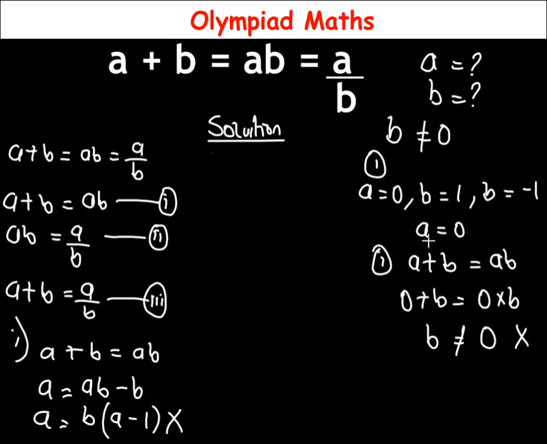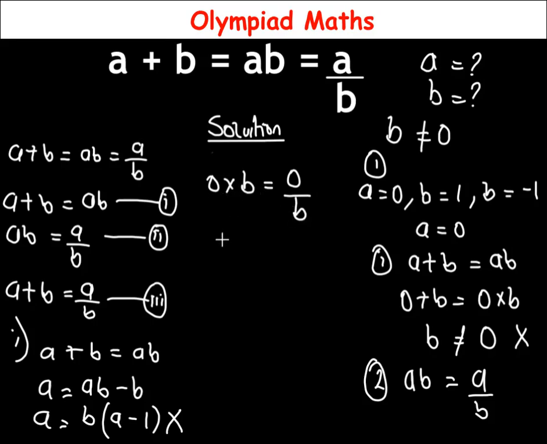Let us then input A equals 0 into equation 2. Now equation 2 is given as AB is equal to A over B, right? So A is 0, so we have 0 times B is equal to 0 over B. From here, 0 times B is 0, which is equal to 0 over B, which is 0. And this cannot give us a possible solution, so this can't work.